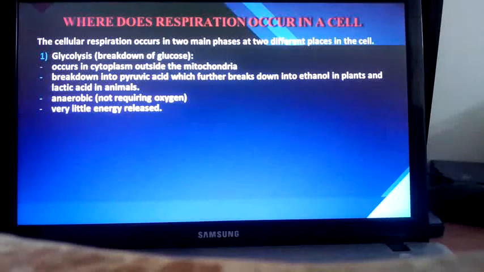Breakdown into pyruvic acid and further breakdown into ethanol in plants and lactic acid in animals. Got it? Anaerobic respiration, not requiring oxygen, also takes place in the cytoplasm. Very little energy is released.